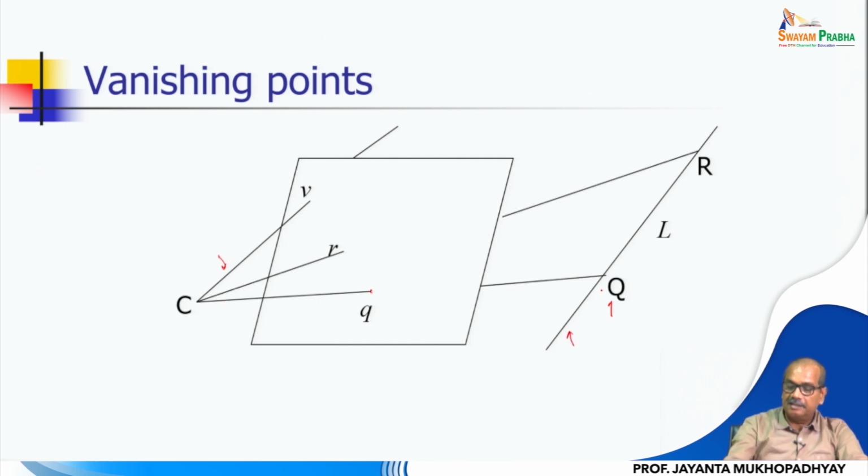Naturally, these two lines are not intersecting. It is intersecting at infinity, which is the projection of the point at infinity along this direction, and that is what the vanishing point is.